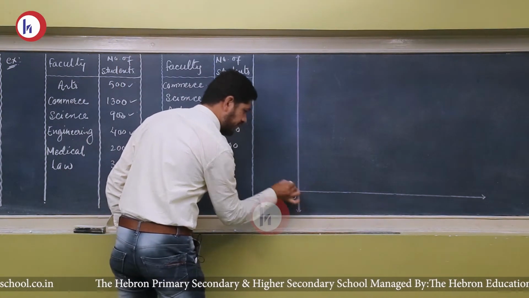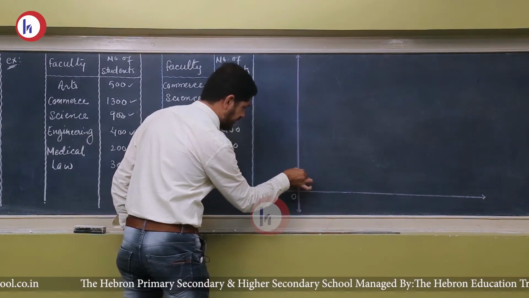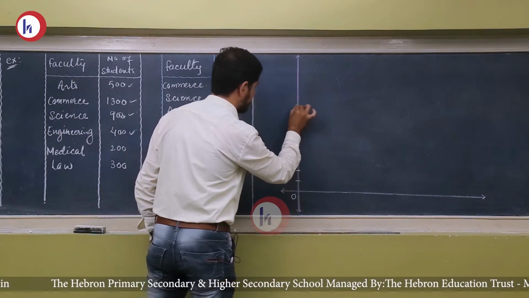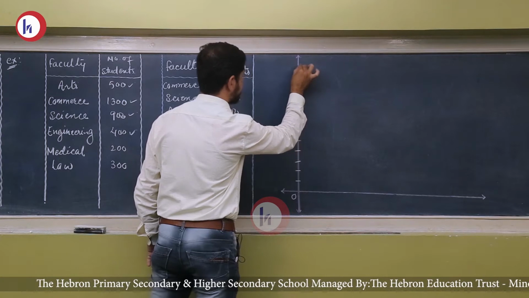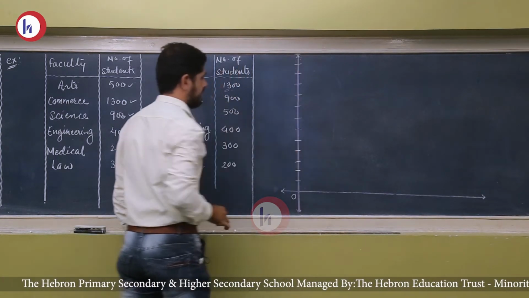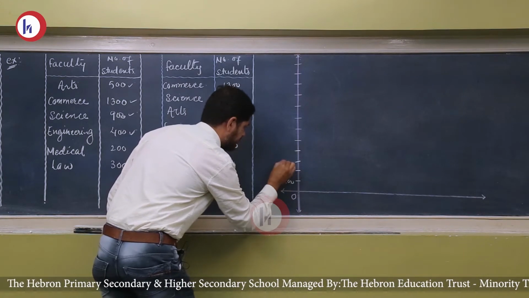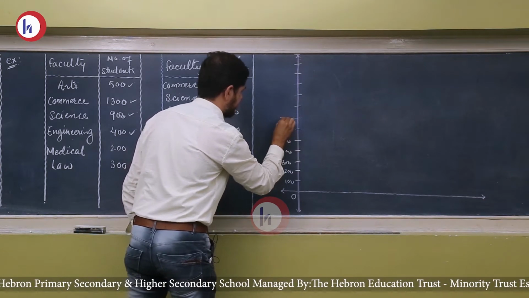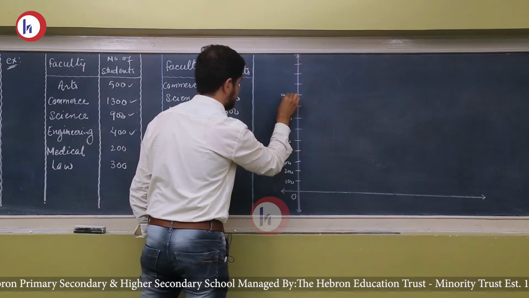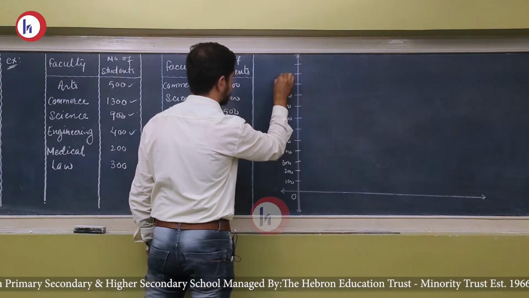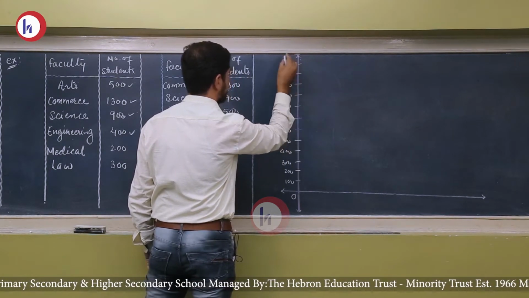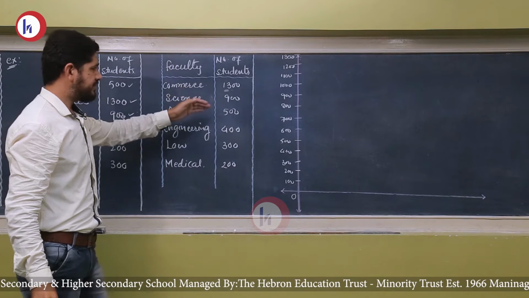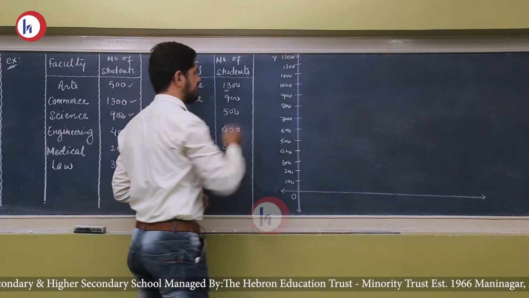So we start with the origin, then 100, 200, 300, up to the highest number, 1300. Okay, so we represented this data on the y-axis.